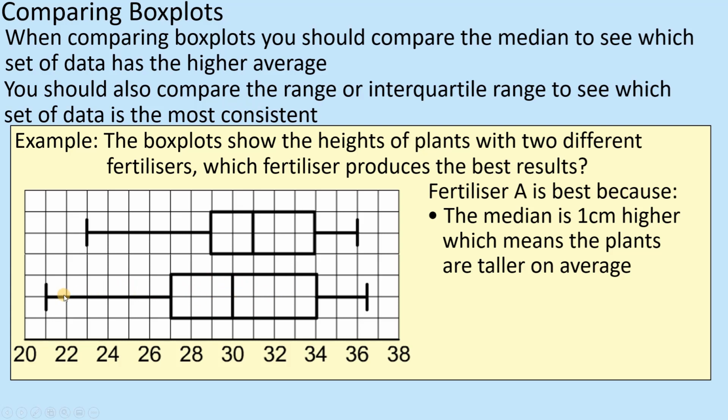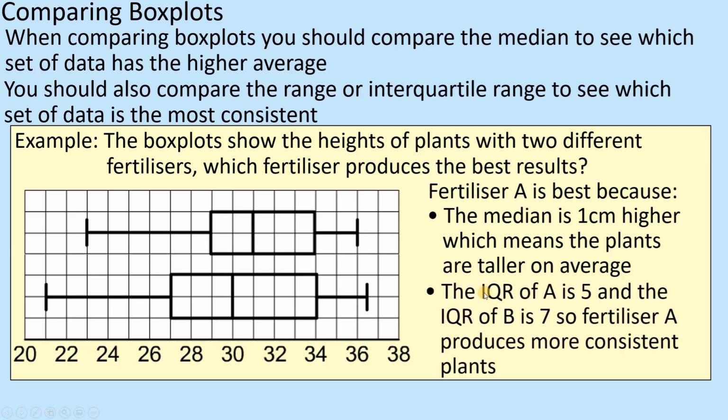And if I compare the range of information, we might get some good results, but on average we get a big spread of information, whereas here is where most of our data comes. Yes, we've had a couple of blips, and that might be due to some random rain. It might be that some animal has eaten it. I don't know. But most of the data is in there. So that's probably our second reason.